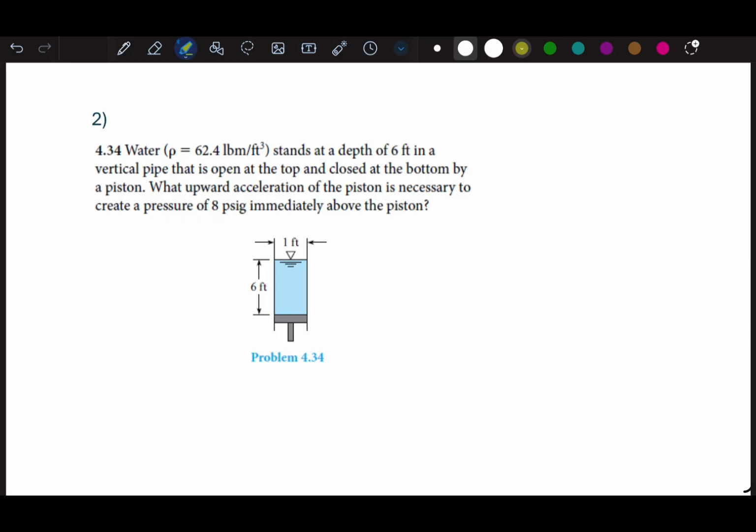Now we are solving the second question. This is 4.34. So here we have water with this density standing at a depth of 6 feet in a vertical pipe that is open at the top and closed at the bottom by a piston.